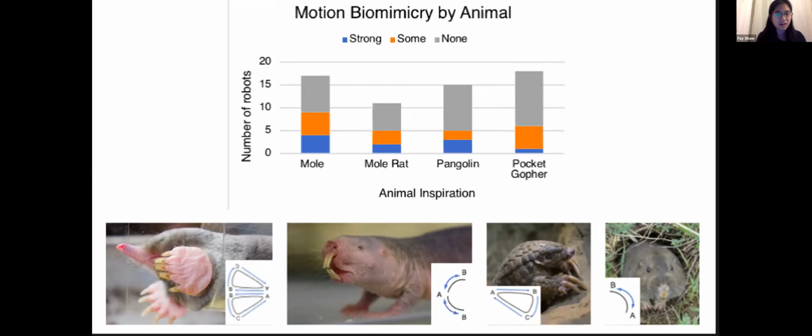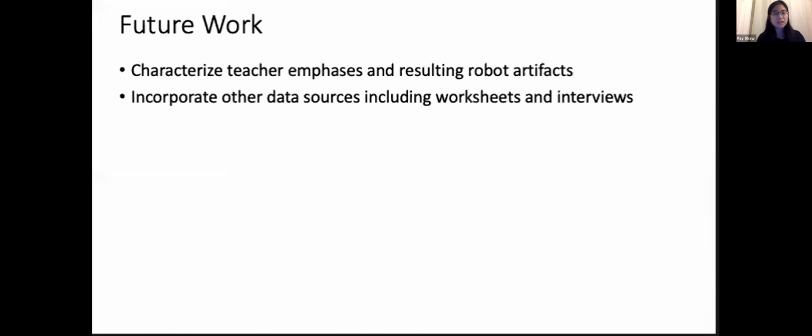But we do see there are some cases where there is strong and some biomimetic motion. So in future work, we're hoping to characterize how teachers emphasize this and what results from these robot artifacts. And then we want to incorporate some of the other sources, including the worksheets and interviews of both the teachers and the students.